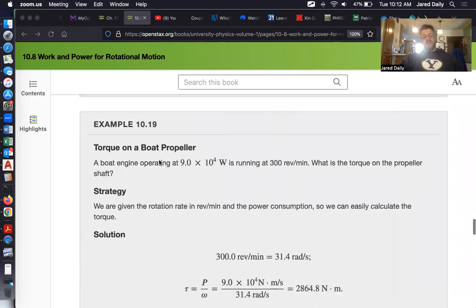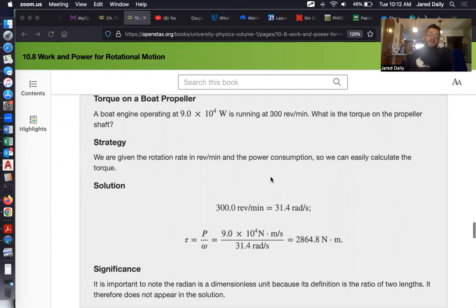In this case, we know the engine is operating at 9.0 times 10 to the 4 watts. So that's our power. And they're telling us omega, 300 revolutions per minute, which we have to convert into radians per second. They do that conversion here. Then they solve for the torque, 2,864.8 Newton meters.